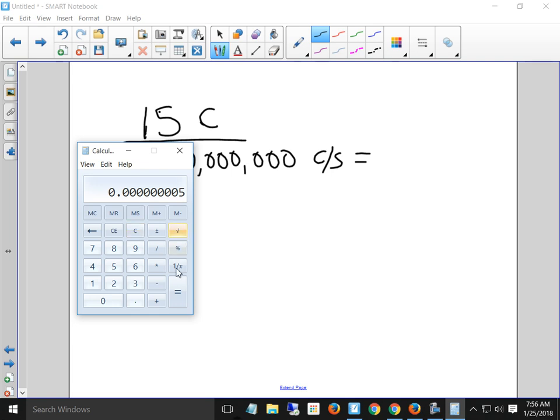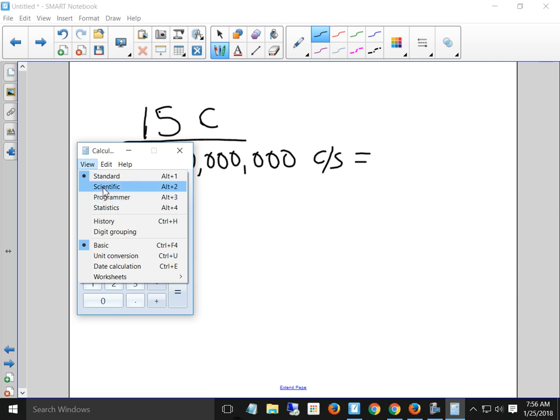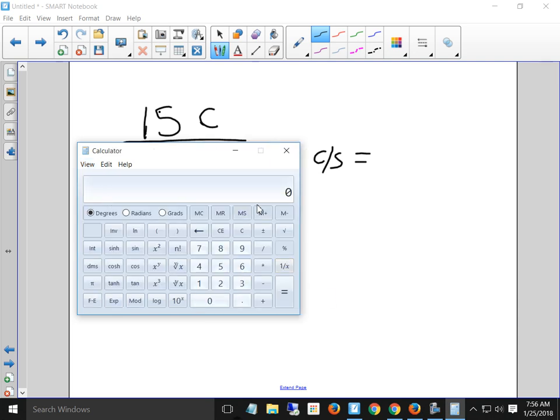I don't know why I'm not getting scientific notation on that. Let's start again. There we go. Hit the FE button. So it equals 5e-9. So let's go back here and get back to it.